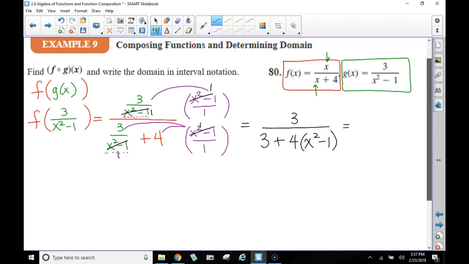So once we simplify this, we'll have 3 over 3 plus 4x squared minus 4. And I think that we can simplify some of that in the denominator. So f composition g is going to be equal to 3 over 4x squared minus 1.